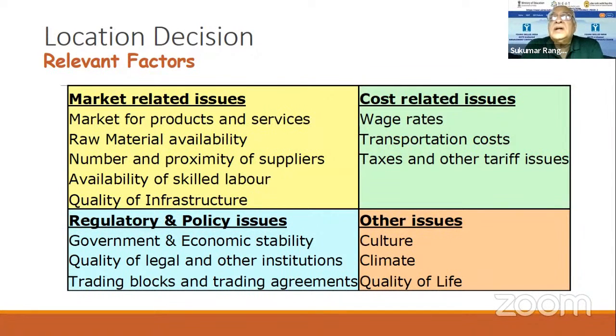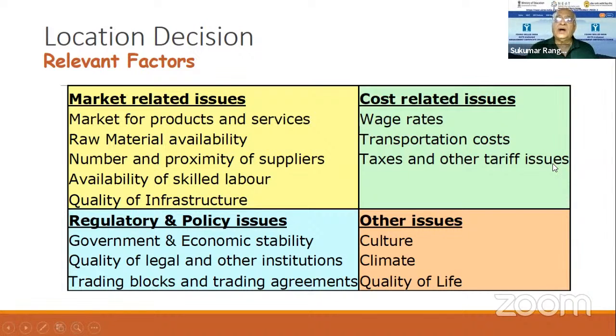Fortunately, in India now, that doesn't happen. Irrespective of the government, most of our long-term policies are the same. There may be some small tweaking here and there when the government changes, but nothing major. You can never expect any major change with any government. Quality of legal and other institutions, then trading blocks and trading agreements between the countries, and that is the thing.